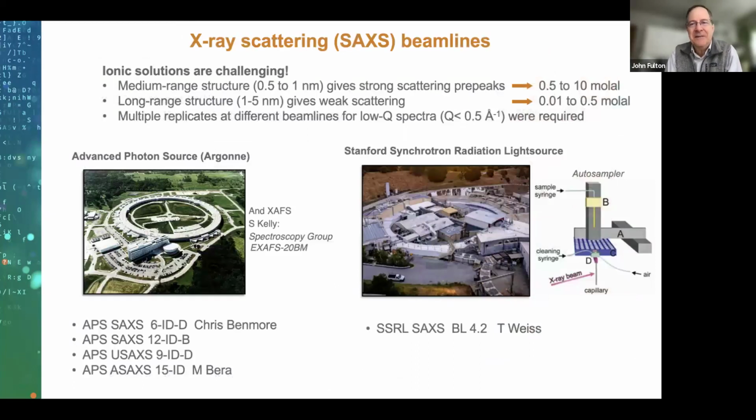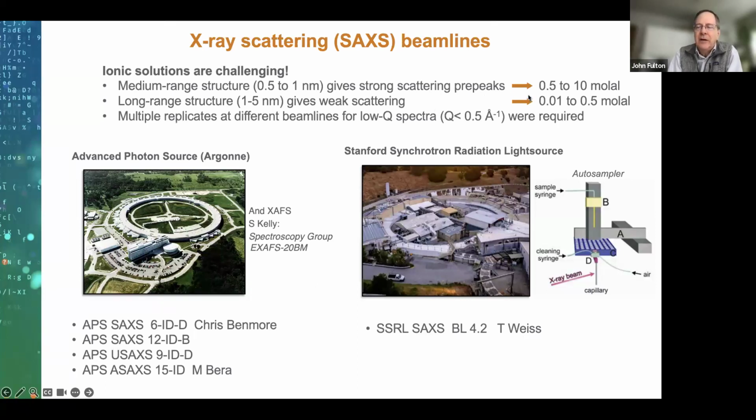This is primarily a lot of SAXS studies, and we've done measurements at a number of different beam lines. In fact, we've visited 4 different beam lines at APS. And currently, Elisa Biasen is making measurements at SSRL at beamline 4.2 with Thomas Weiss.